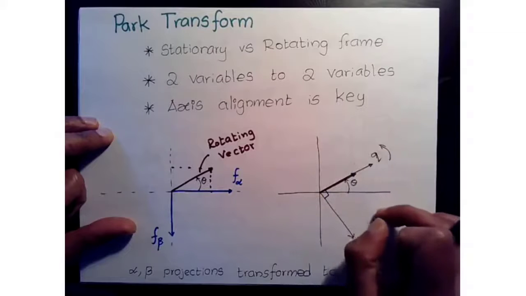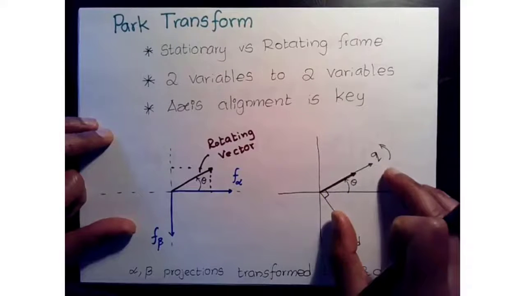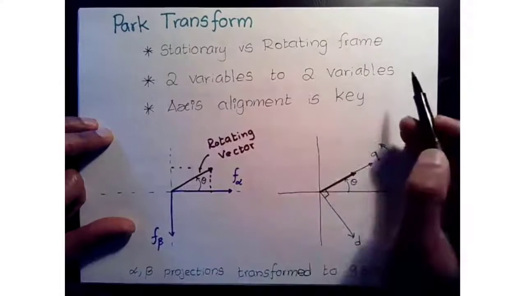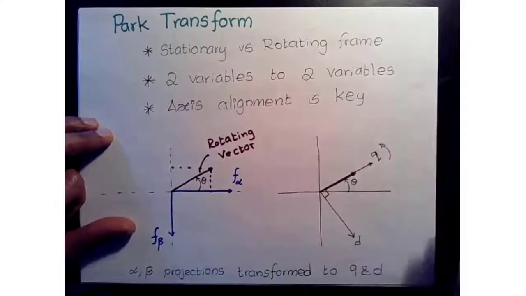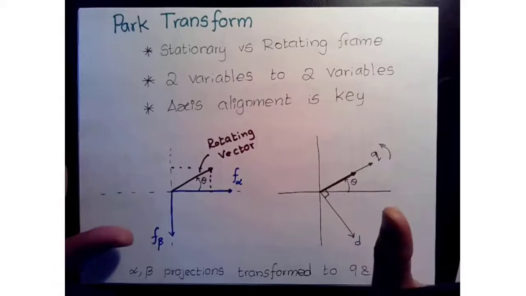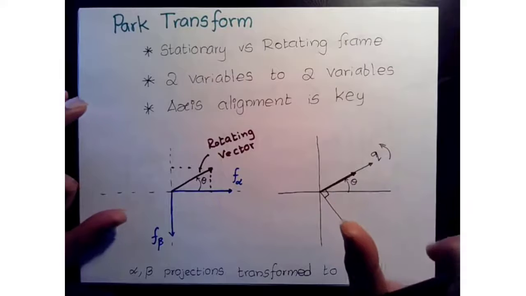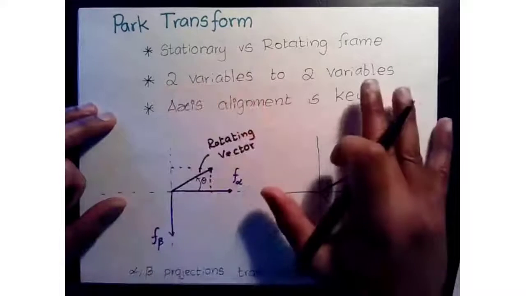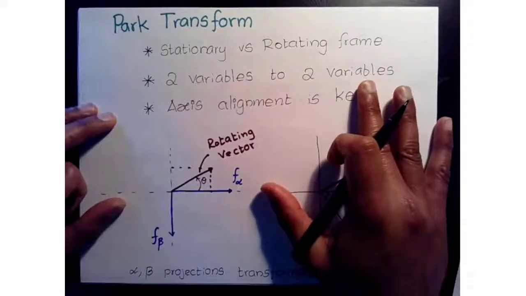So we call this a two variables to two variables transformation. Again, there is this zero sequence. We are assuming that to be zero for now. Mathematically speaking, this is still a three variable to three variable transformation.